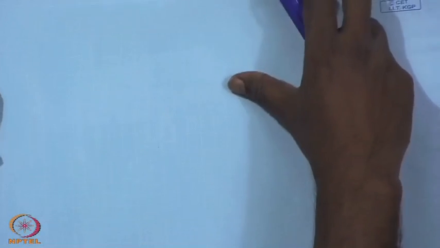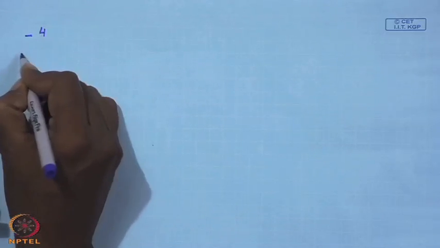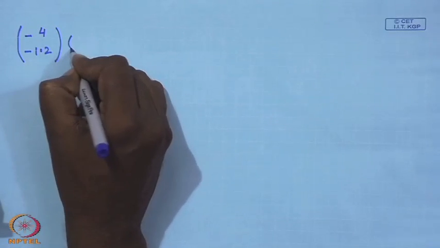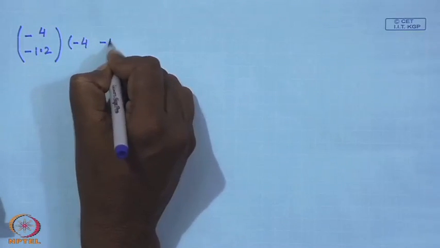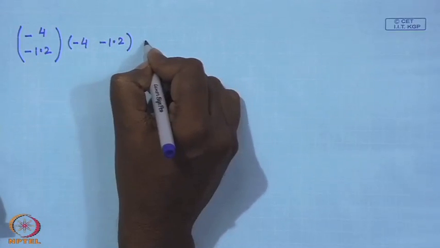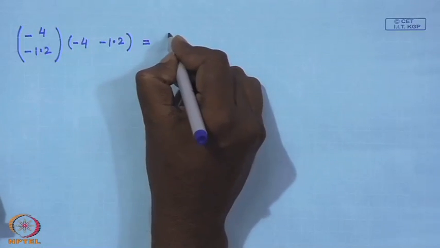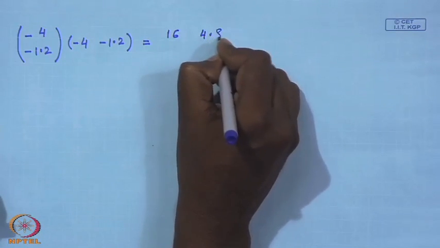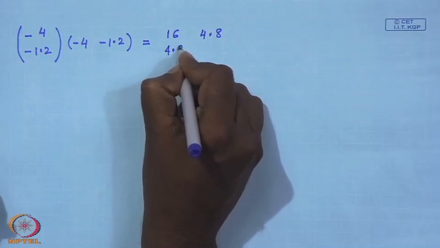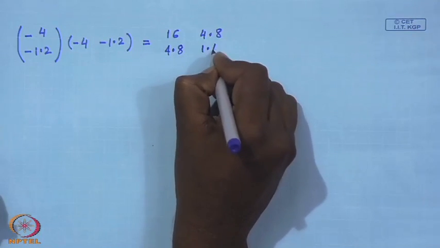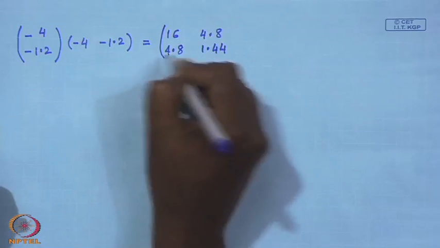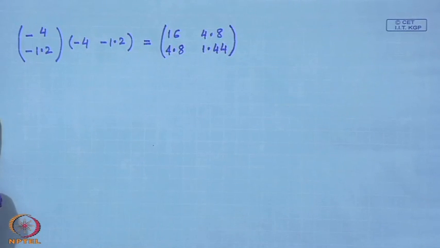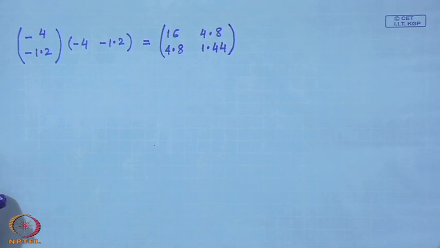The first matrix that I get is minus 4, minus 1.2 into the row vector minus 4, minus 1.2. That simply becomes 16, 4.8, 4.8 and 1.44. Okay. So, this is what I get from the first vector.